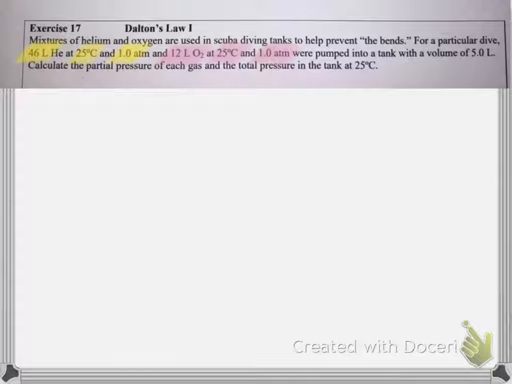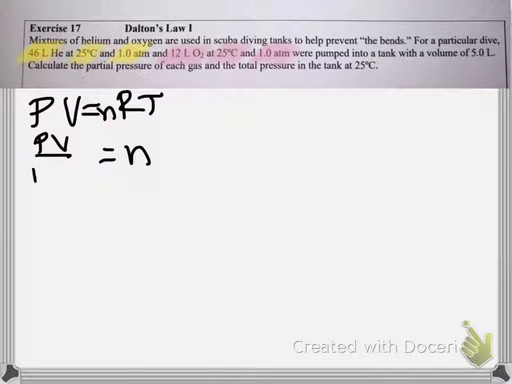So we're going to have some amount of moles of helium and some amount of moles of oxygen gas. Using our PV equals nRT, we know that n equals PV over RT. So let's take one gas at a time. We're going to take helium.